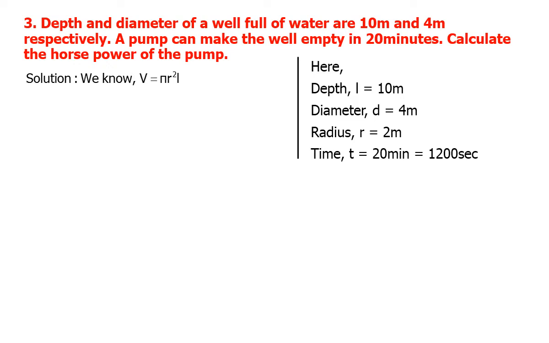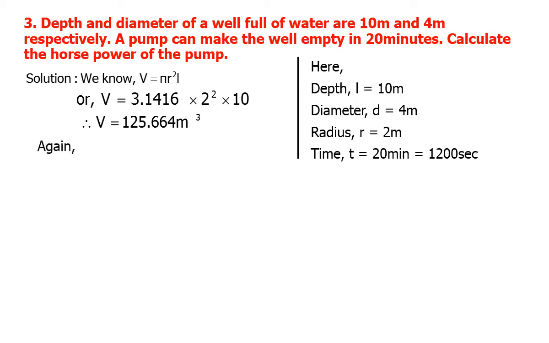If we put the values of L and r, then we get the volume of the well as 125.664 meter cube. Now I want to calculate the mass of the water in the deep well. There is no exact value of mass given, so to calculate the mass of the water we have to consider the formula of density.